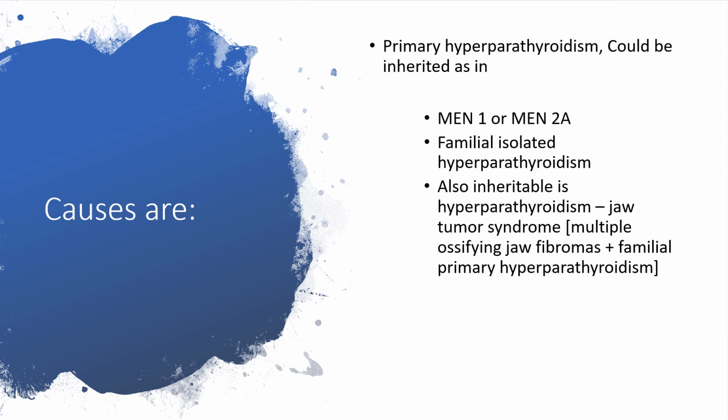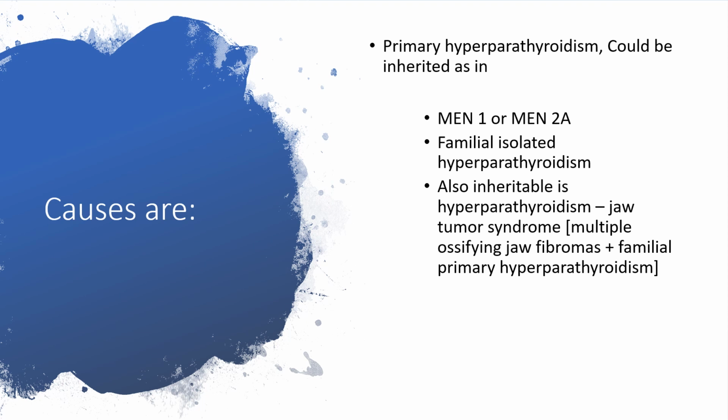And the primary hyperparathyroidism could be inherited, as in MEN 1 or MEN 2. I could see some men smiling there that men are very important. No, I didn't mean the gender. MEN means multiple endocrine neoplasia 1 or multiple endocrine neoplasia 2A.